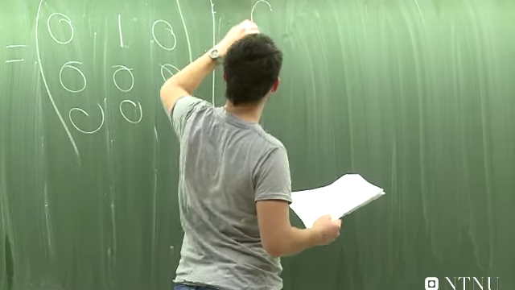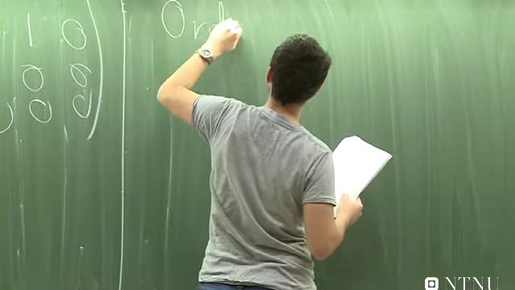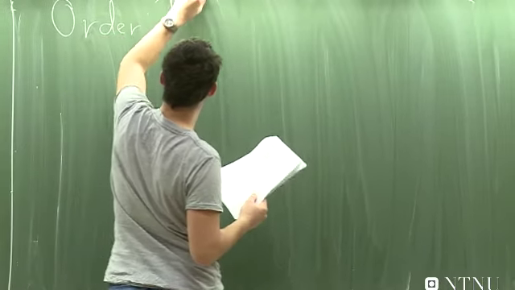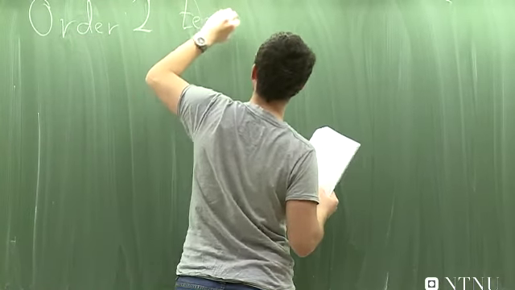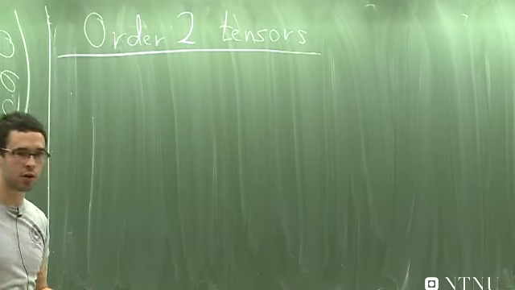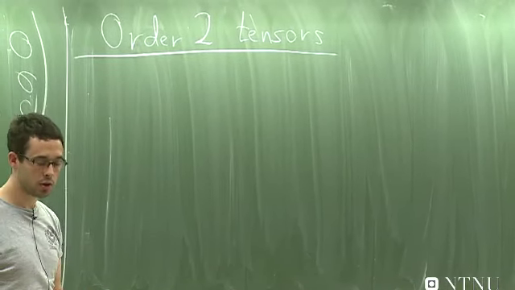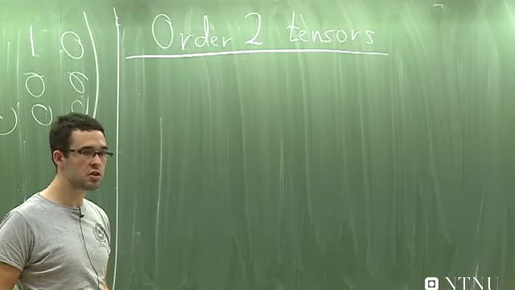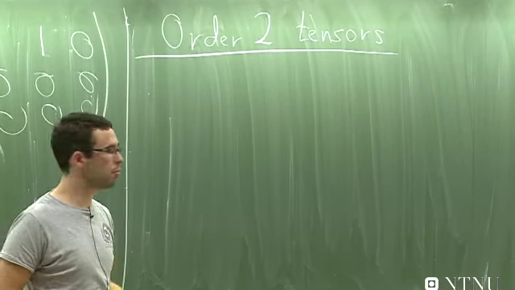So we move on to the order 2 tensors, which is basically the stuff that you haven't seen before in any calculations. And this is also defined by its transformation properties.